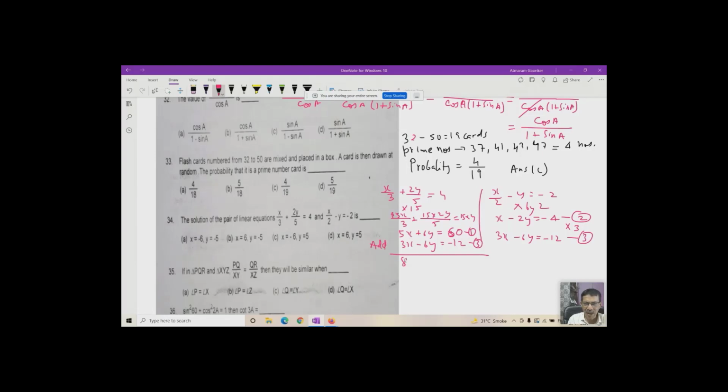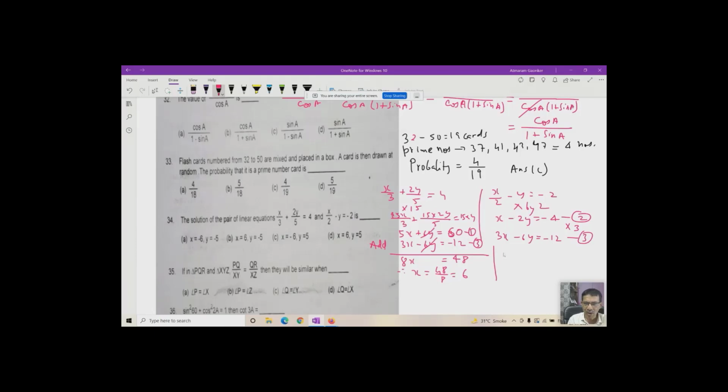5 plus 3 is 8x. Then plus 6y minus 6y will cancel. 60 minus 12 works out as 48. So therefore x is equal to 48 divided by 8, that is equal to 6. Then put it in equation 2.